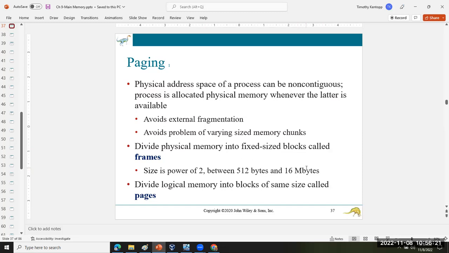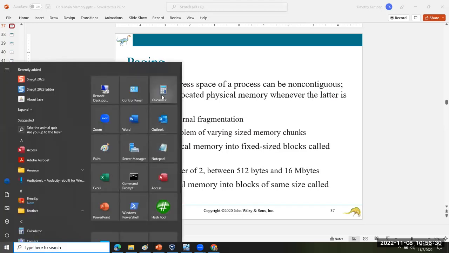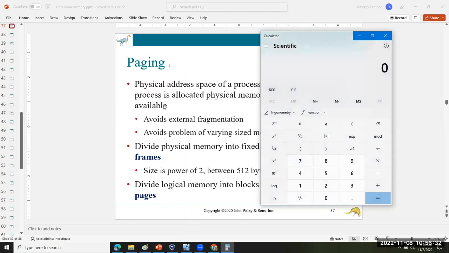16 megabytes may not seem like a big deal, but let's do a little more math. Let's take 4 gigabytes. Is there anybody here that has a laptop with less than 8 gigs of memory?